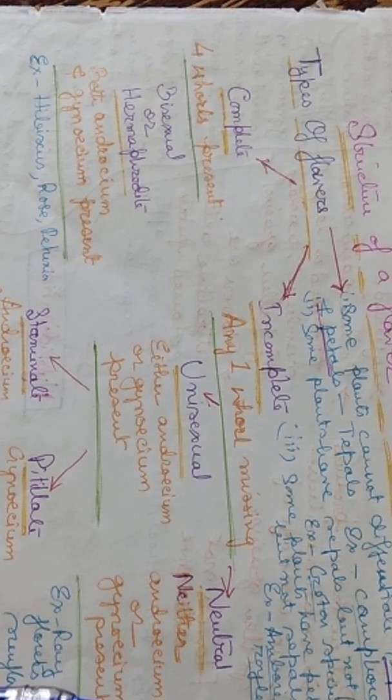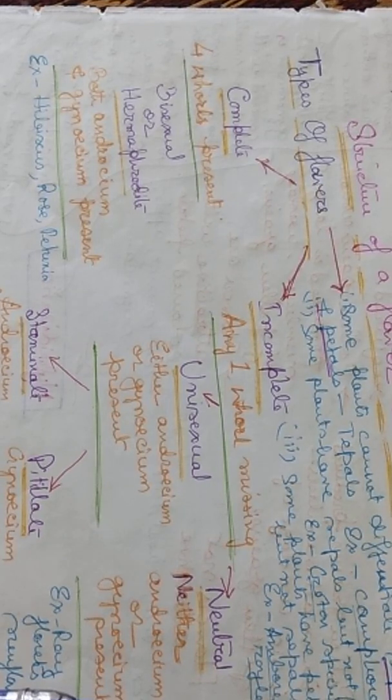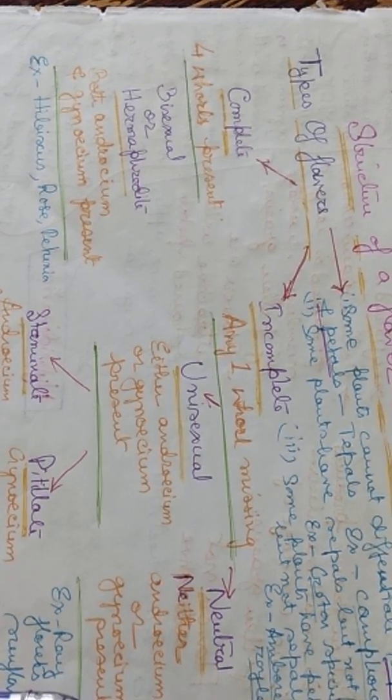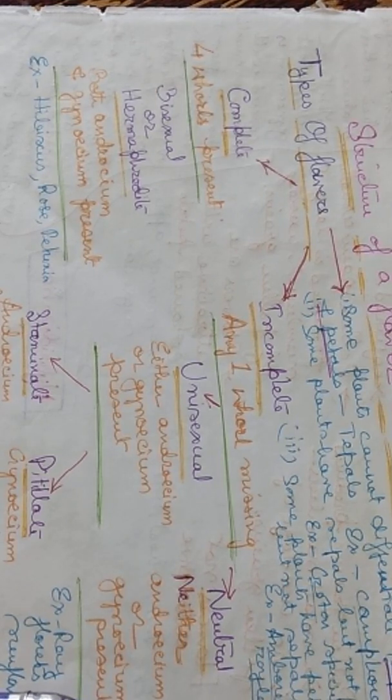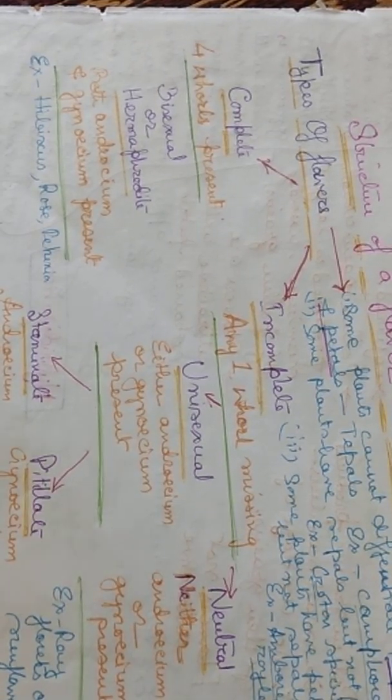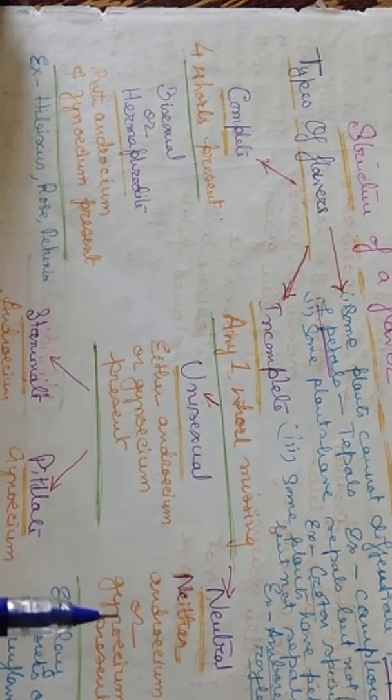Examples of staminate flowers are cucumber and papaya, and pistillate flowers are magnolia and maize. These unisexual flowers are generally present in two different plants, that is, one plant has staminate flowers and another has pistillate flowers.